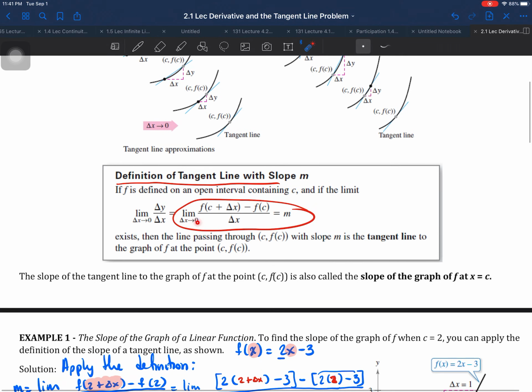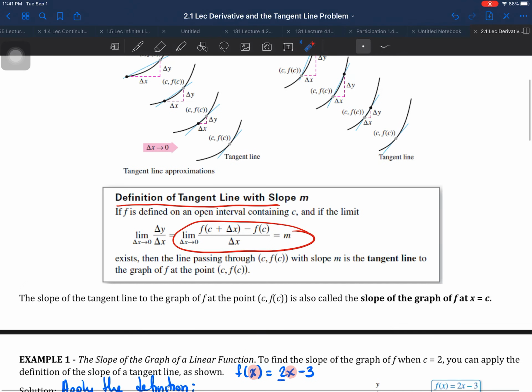Now, if the limit exists, then we're saying that the line passing through that specific point, (c, f(c)), with the slope m, is the tangent line to the graph of f at that particular point. So this is actually mind-blowing, because what we're saying here is that this line has a slope, right? Because it's a straight line, we can find it using this formula.